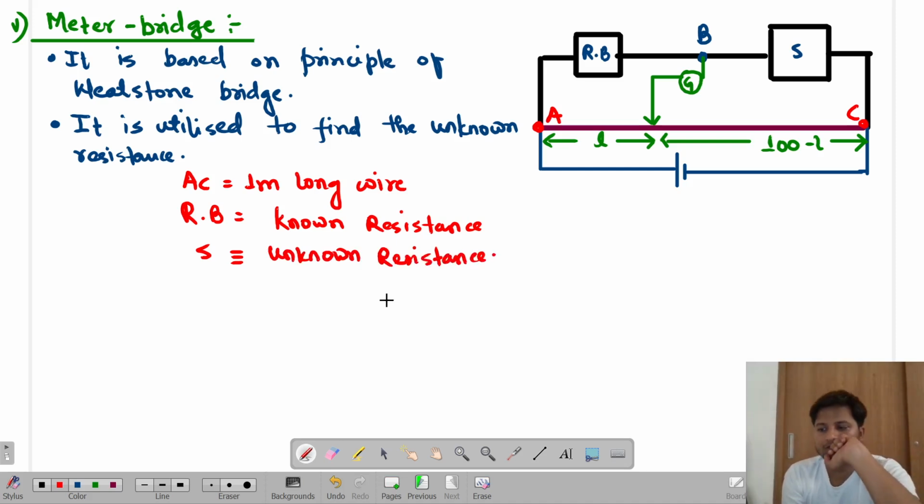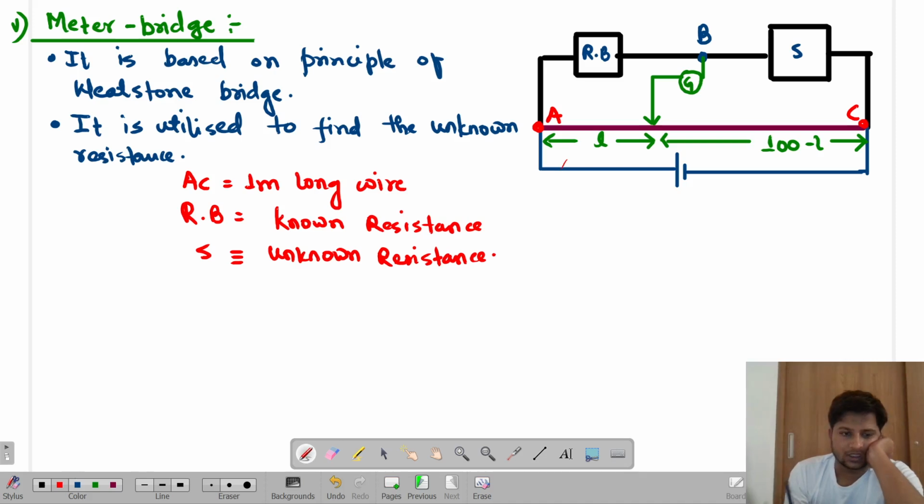Are you able to get me or not? Wherever this jockey will balance, we know that it is like a Wheatstone bridge. So S into L will be RB into 100 minus L, or not?